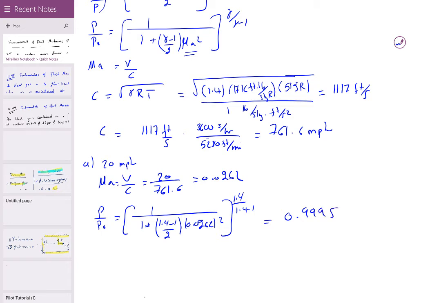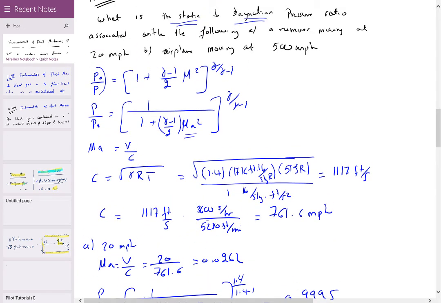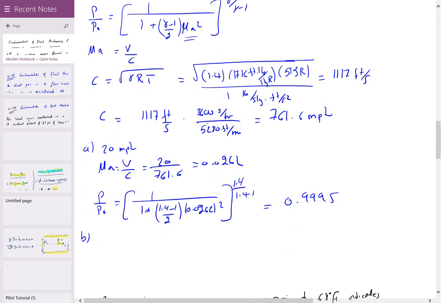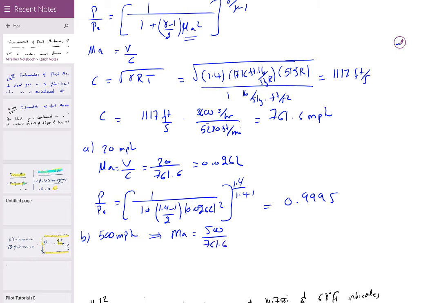For part B, it's 500 miles per hour. My Mach number is 500 by 761.6 miles per hour. It's miles per hour, so I'll get a dimensionless number of 0.656.